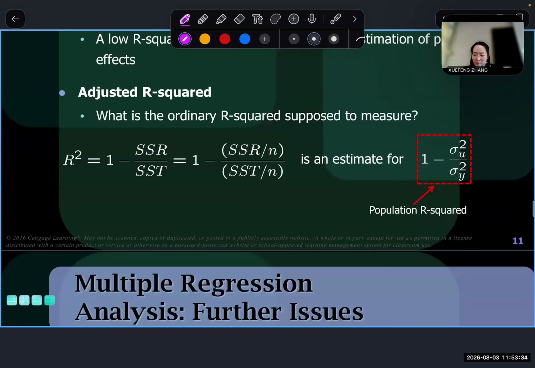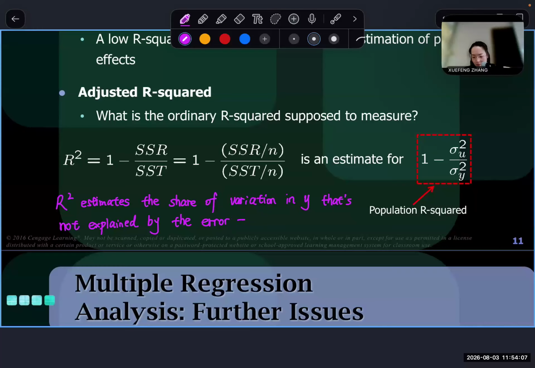Okay, let me write it down. R squared estimates the share of variation in Y that's not explained by the error term mu.